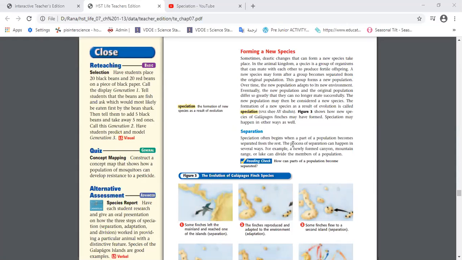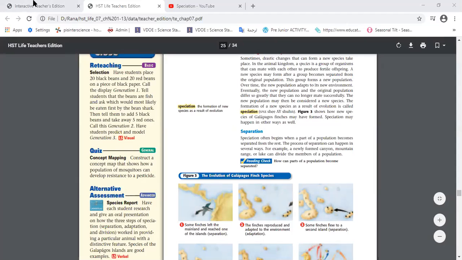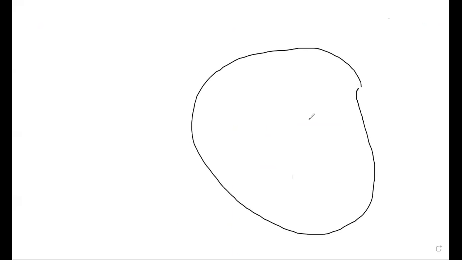That part. We said that, for example, imagine, let's look with me carefully. Here, imagine that we have this place and there is a species already living in that place. For some reason, some of these individuals were just distributed like that.